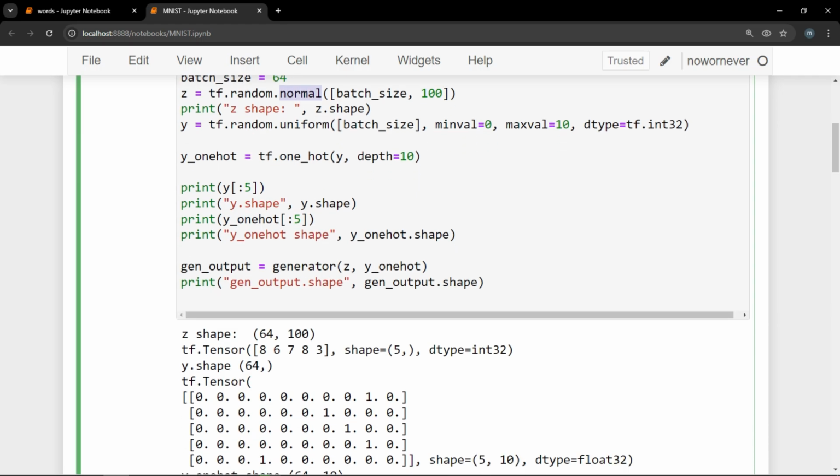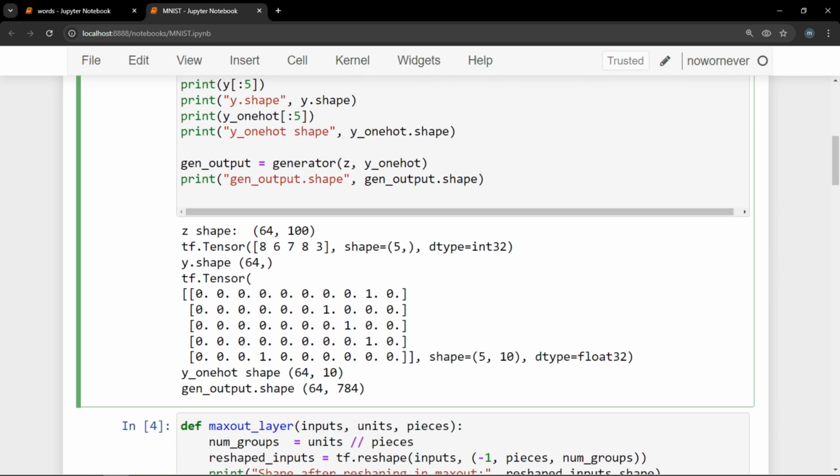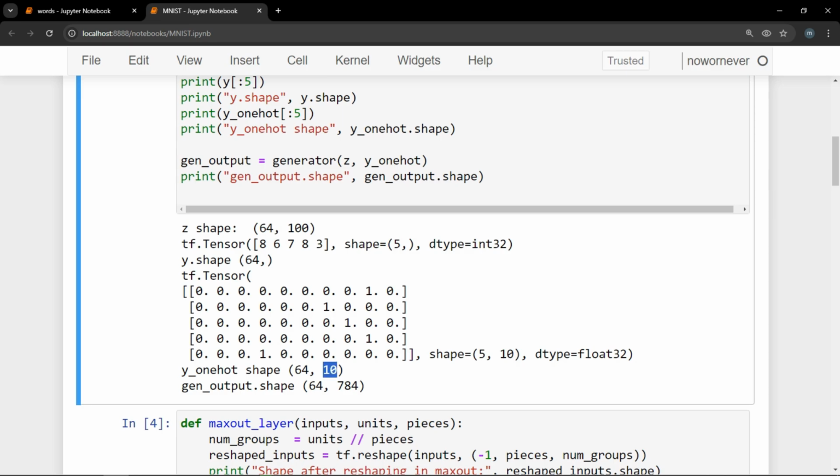This gives us a noise tensor with a shape of 64 by 100. Next, we generate random labels ranging from 0 to 9 for each sample and apply one-hot encoding, resulting in a tensor of shape 64 by 10, where each row contains a single 1 indicating the label.